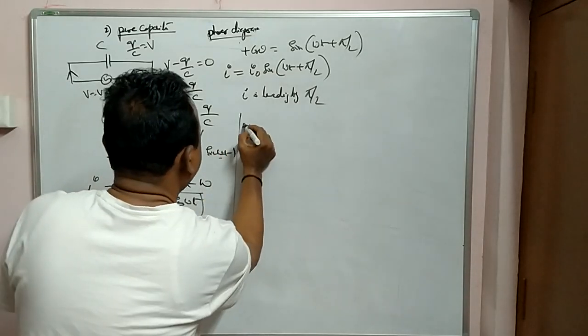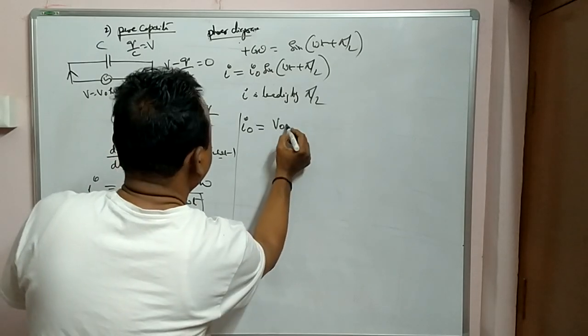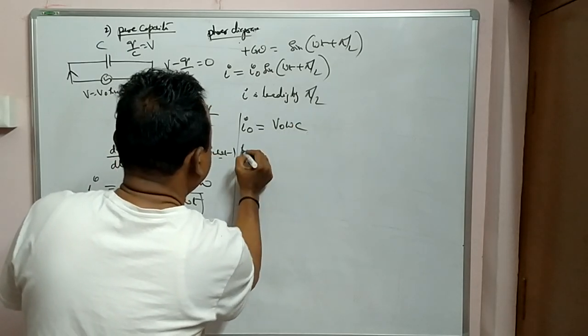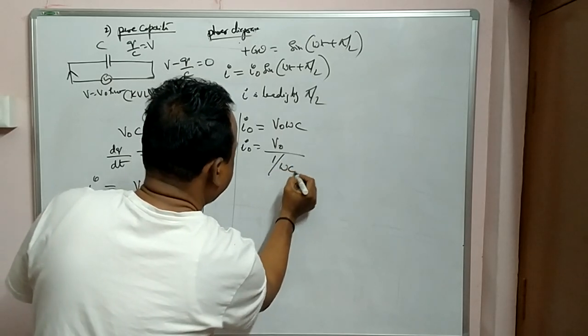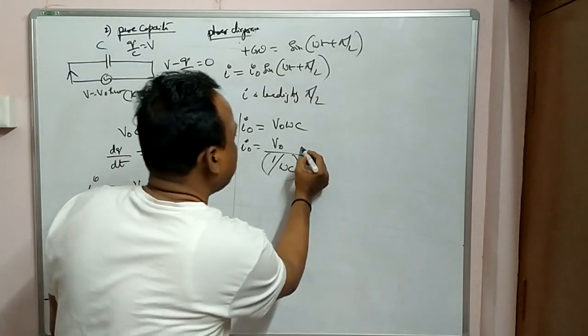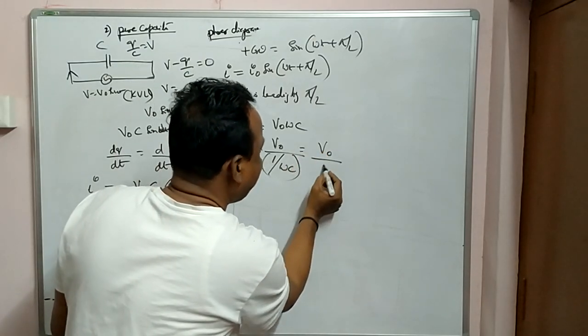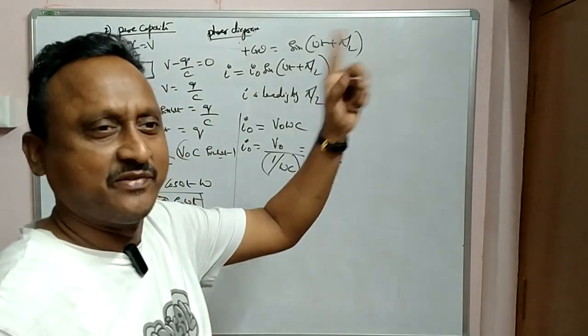So this is what the final I0 is. What is the peak value? I0 is equal to V0 into omega C, or I can write like this: I0 is equal to V0 by 1 by omega C. Why 1 by omega C? Omega C will go to the bottom. So this is nothing but V0 by XC, capacitive reactance.